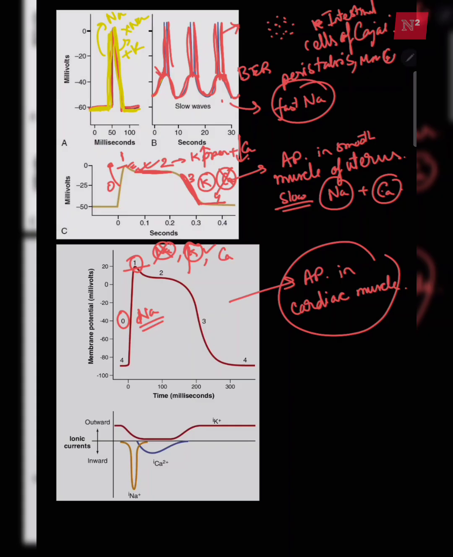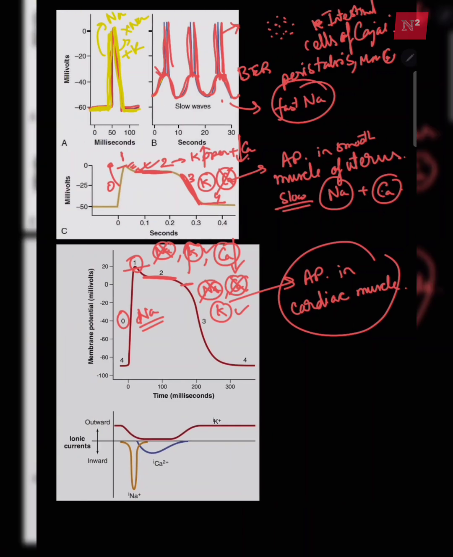Along with that, the slow calcium channels are also opening, which sends ions from outside to inside of the cell. Because of that, we get a plateau phase. At this point the sodium channels are closed and the calcium channels also get closed, but the potassium channels are open.